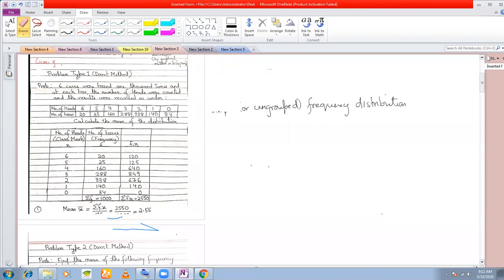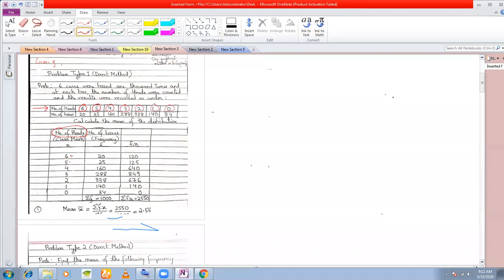You make the first column, call it the number of heads. Okay, number of heads for the first column. And you write the numbers that are there in this column: 6, 5, 4, 3, 2, 1 and 0.